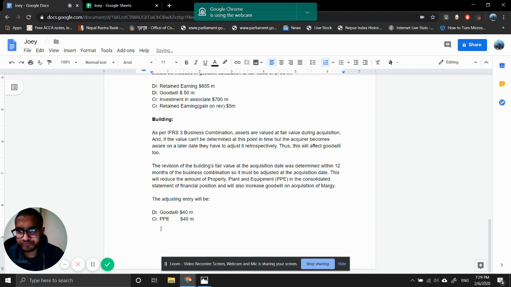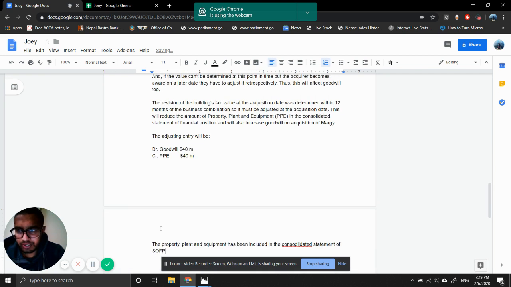Right, after that, the property, plant and equipment has been included in the consolidated SOFP at $200 million rather than 100 million, which should be corrected to $160 million.